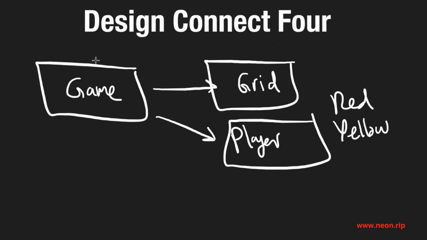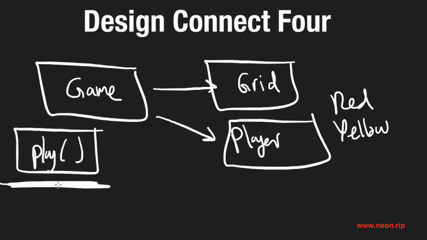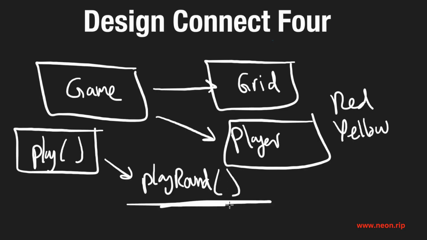In terms of how we can break down this game class, we know that ultimately we want to be able to play the game. So that could be the outermost method that does everything for us. But underneath the hood, to play a game, we have to play rounds, because a game is made up of multiple rounds, but one round is made up of multiple moves.